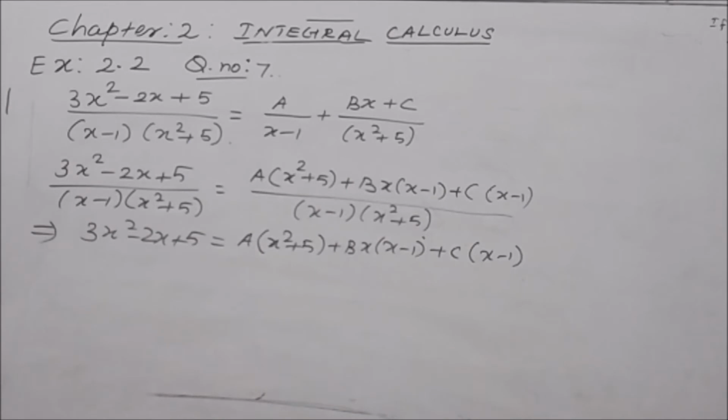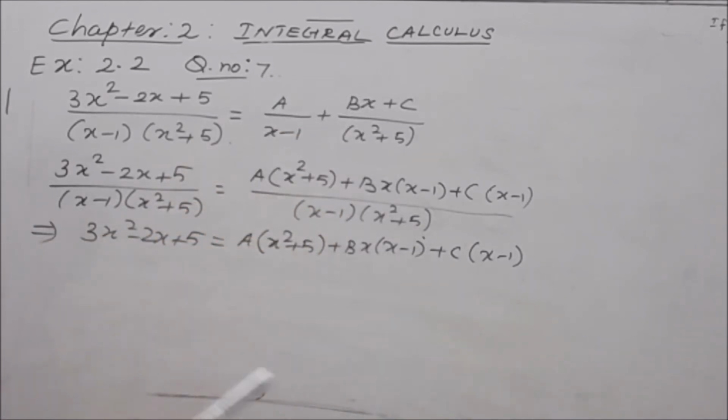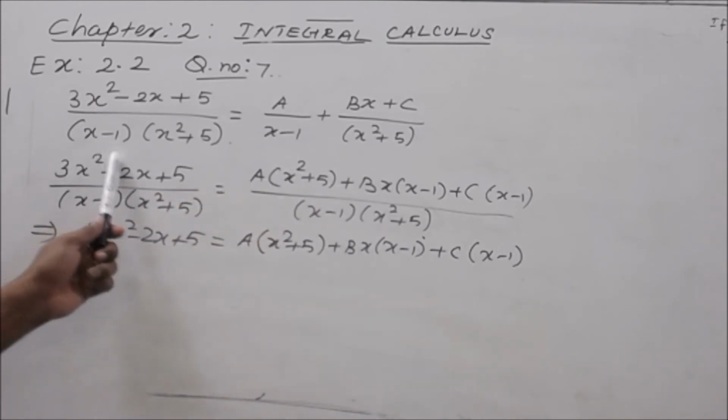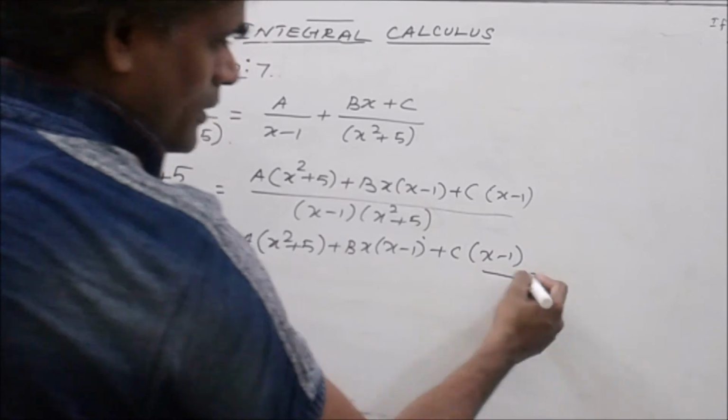This is very easy. Just cross multiply the terms, and then eliminating the denominator, the numerator equals the numerator. Let it be equation number 1.